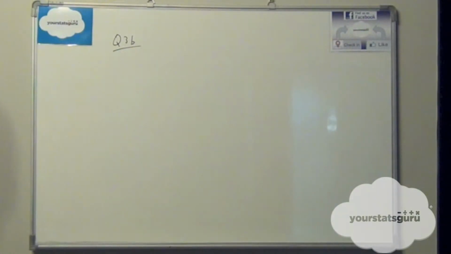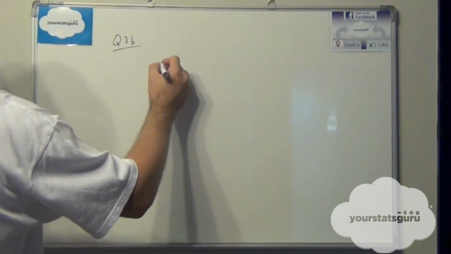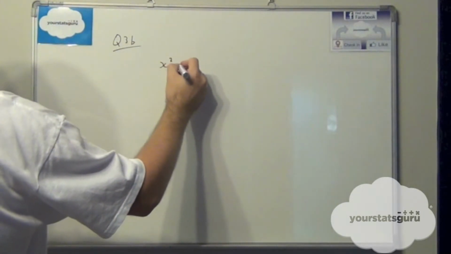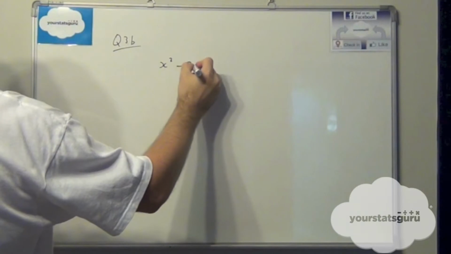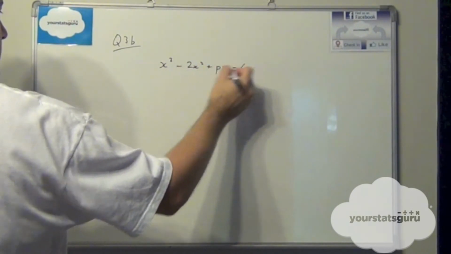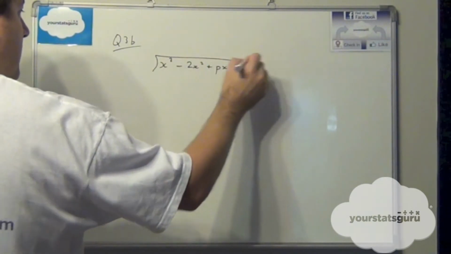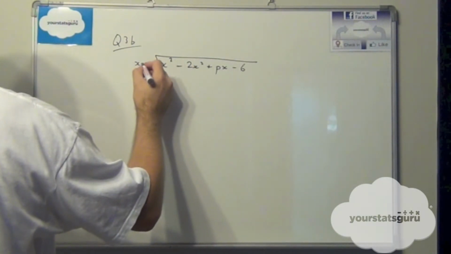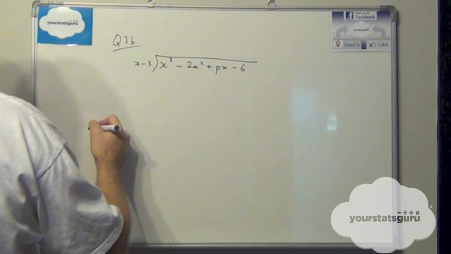In this question we've been asked to find the value of p for which x cubed minus 2x squared plus px minus 6 is exactly divisible by x minus 3. So like the previous question, we need to do polynomial division. So we have x cubed minus 2x squared plus px minus 6 being divided by x minus 3.